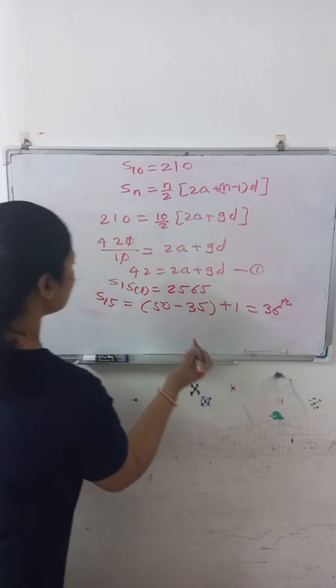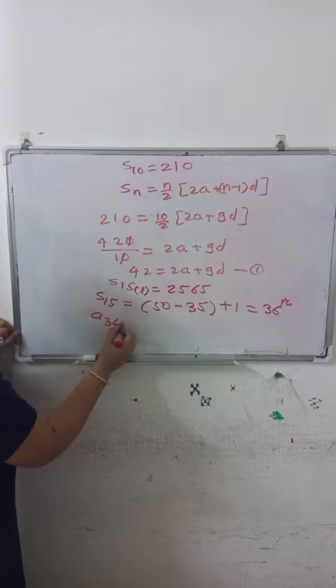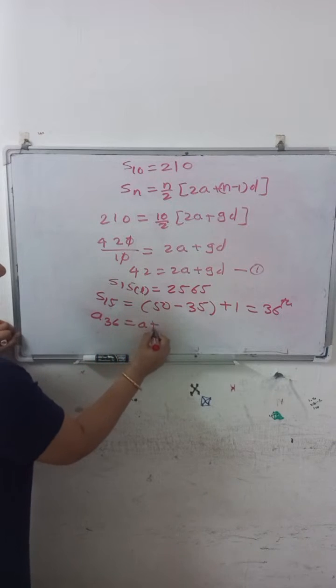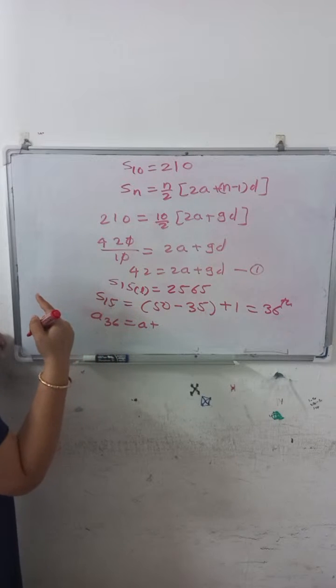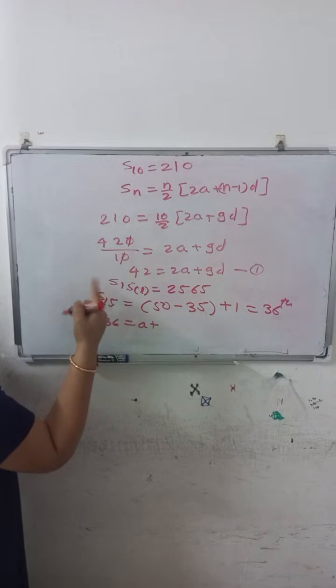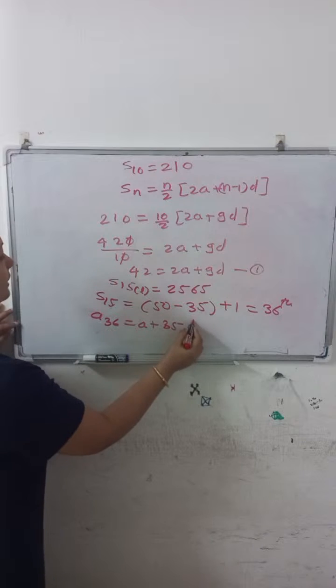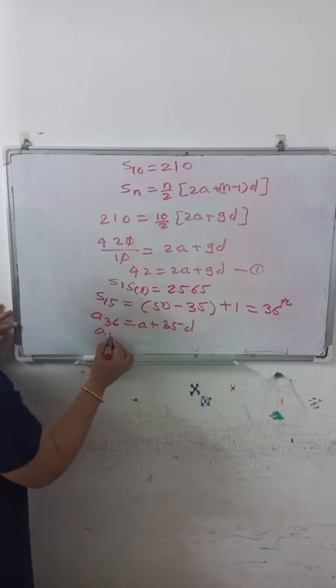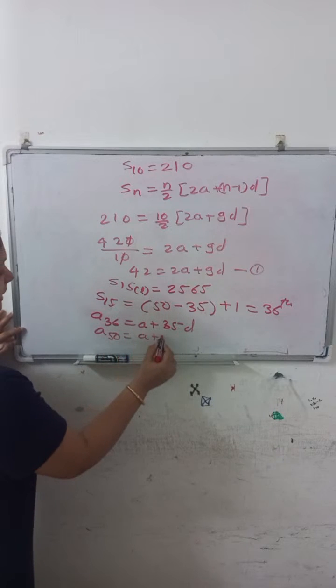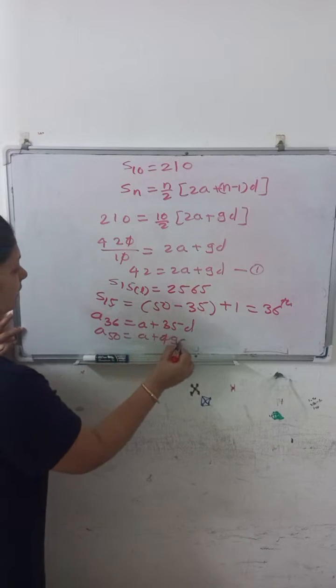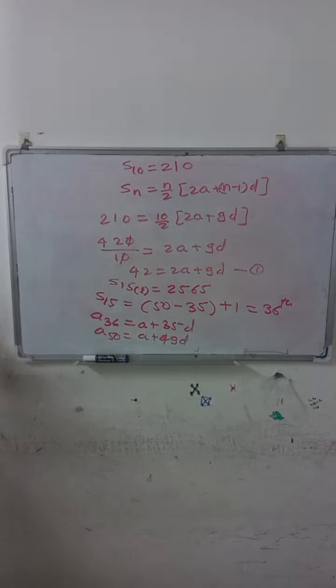So for the 36th term we can write A36. A we don't know. A plus, we have the formula A plus n minus 1, that is 35d. And next is what? A50th term. I don't know what A50 is, so here plus 49d. So these are A36 and A50 that I got.